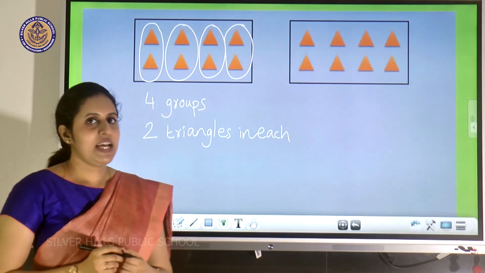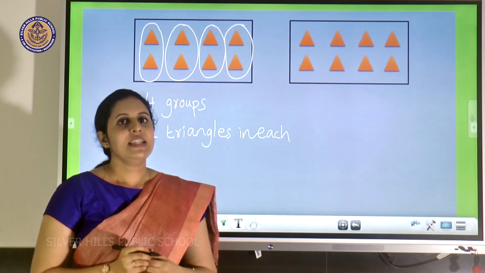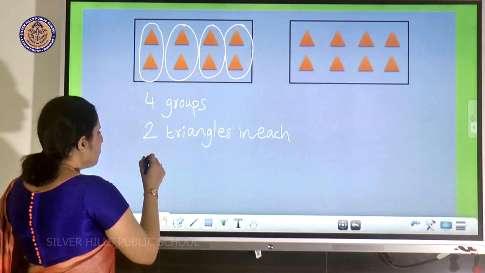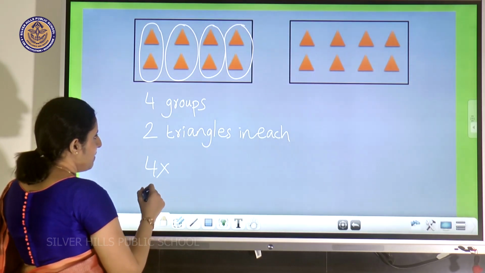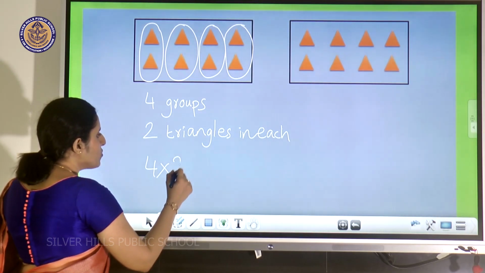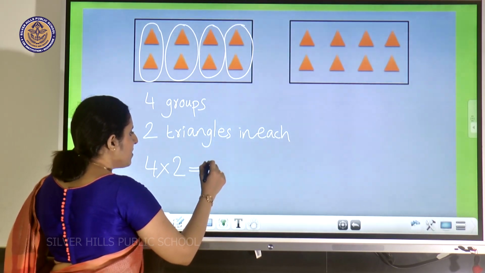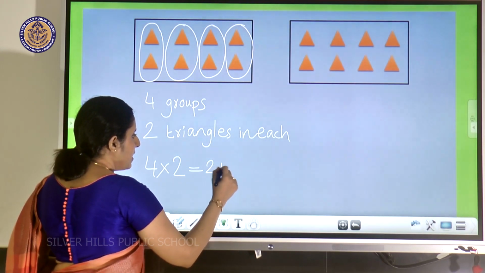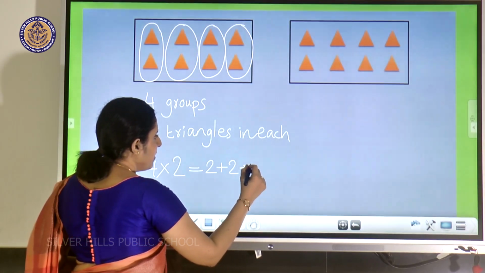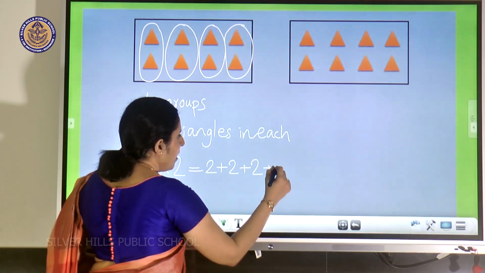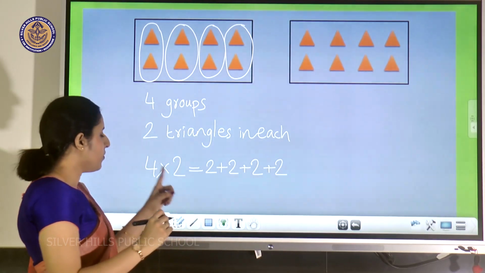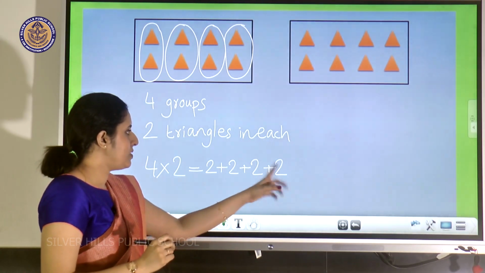Now, how do we write the multiplication sentence? This is easy for you now, right? 4 groups means 4 times. In each group 2. So, 4 times 2. How do you write 4 times 2 in repeated addition? 1 time, 2 times, 3rd time, and a 4th time. 4 times 2. 2 plus 2 plus 2 plus 2.